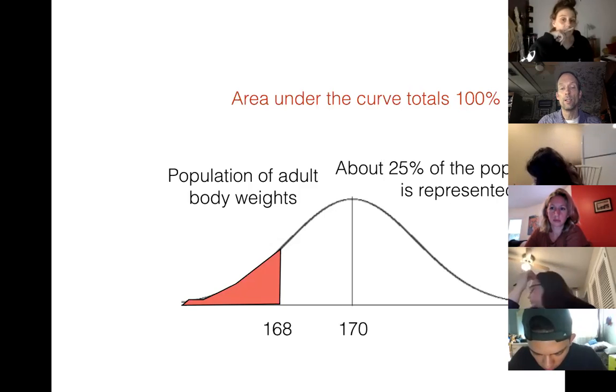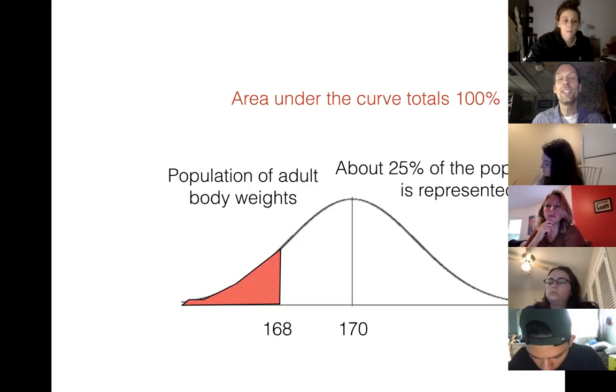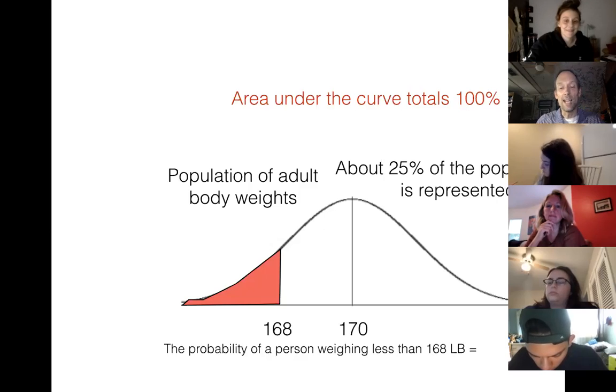What do we think? I doubt it's going to be less than 50%. Well, you're right. It's definitely less than 50%. Do you want the hint? The hint is it's on the screen already. 25%? That's right.